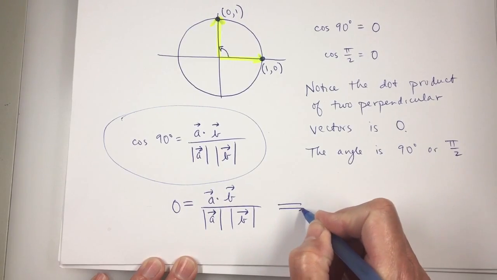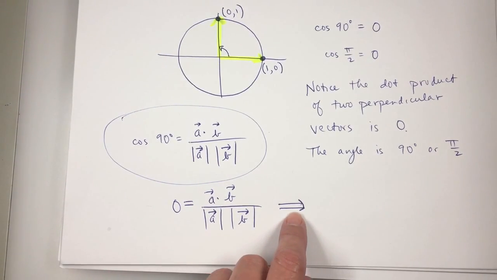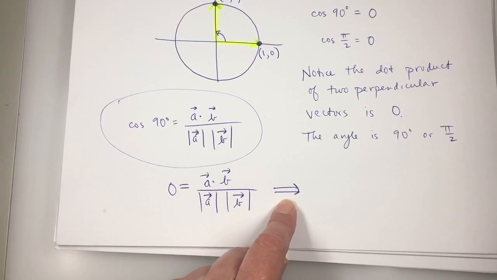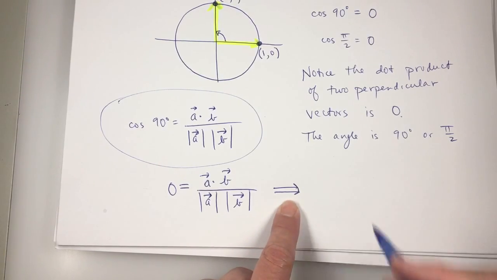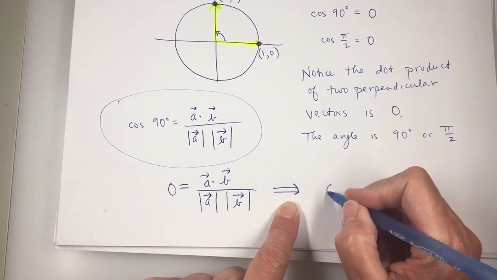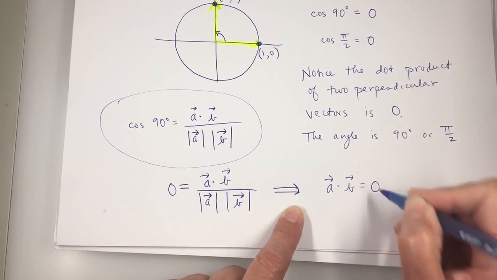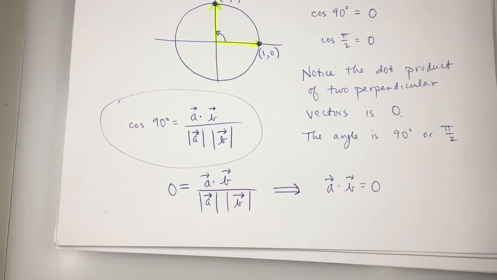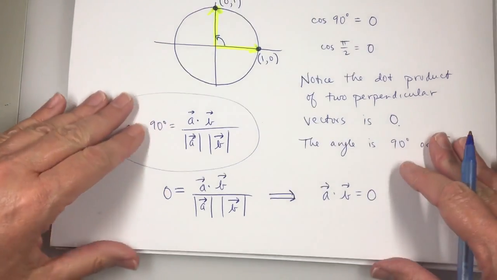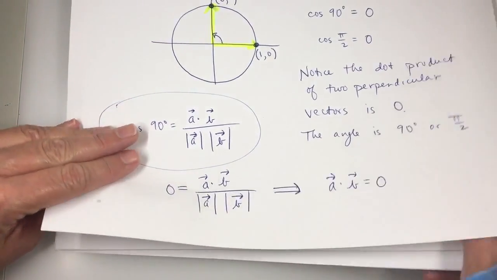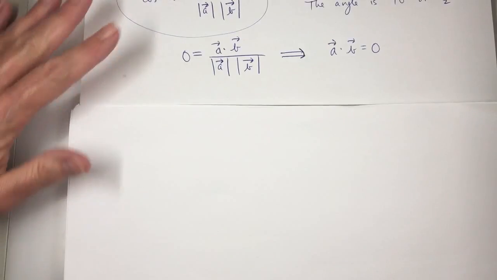Here, this double line with an arrow in mathematics means implies. This gives us that a dot b is 0. And so that is a fact. I could call it a theorem, a corollary. I'll call it a fact right here.